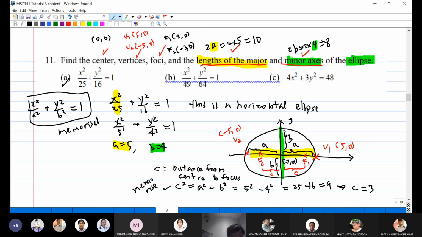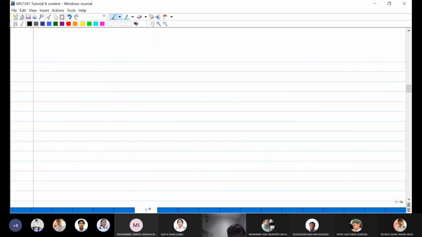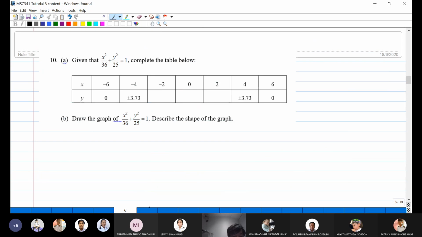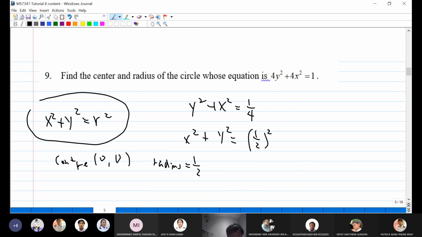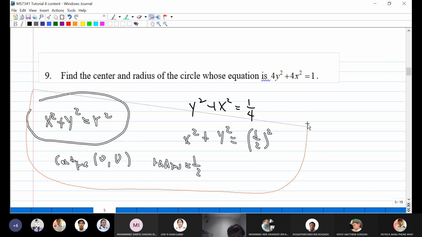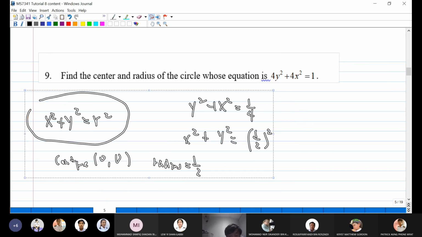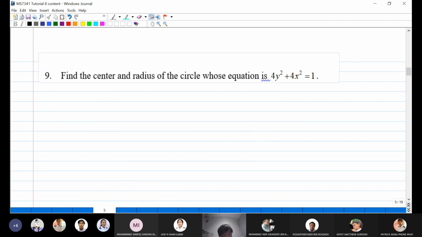So let's look at question 9. Question 9 also is quite easy. I'm going to look up with you how to get the equation of a circle. So you start with understanding the circle first before you understand the ellipse.